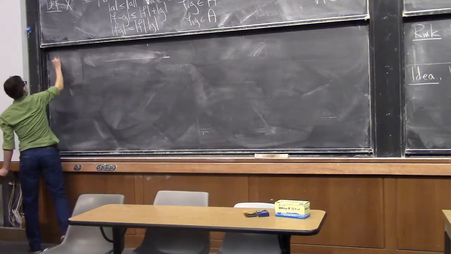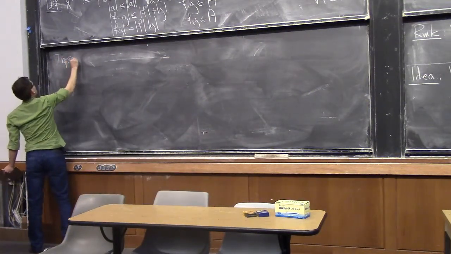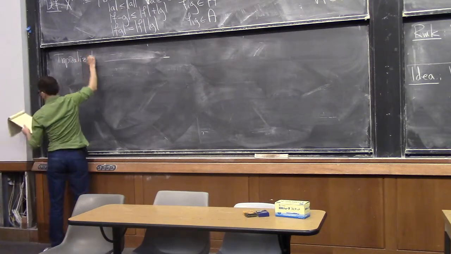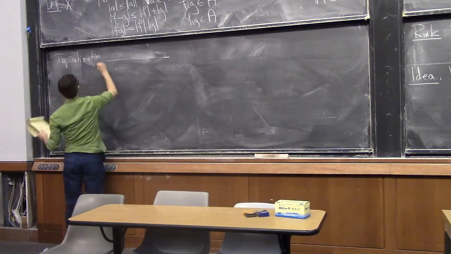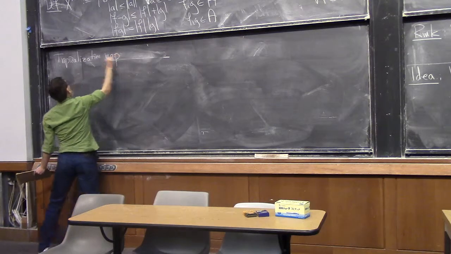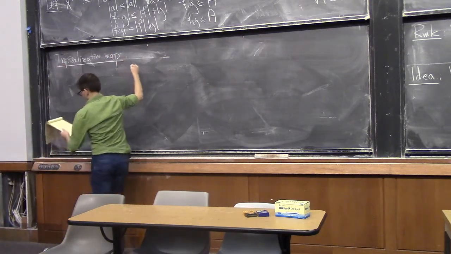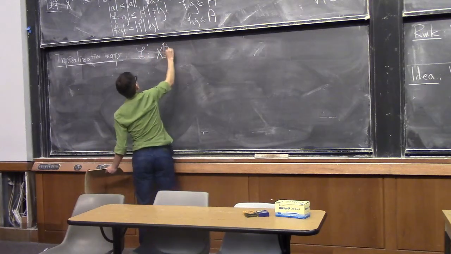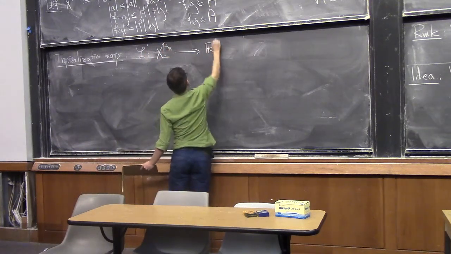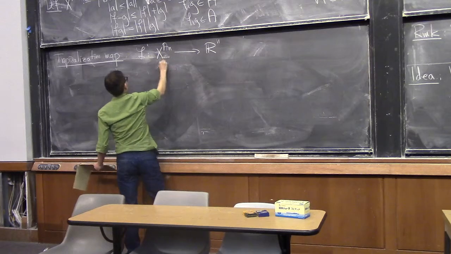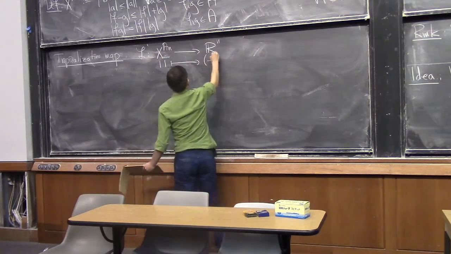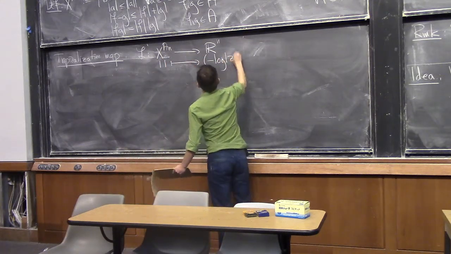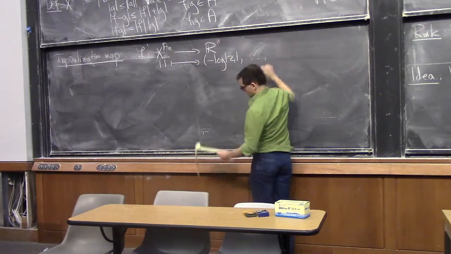And you also have a tropicalization map. In this general setting, this is from X^an to R^n, and it just takes a seminorm. It's the same thing, except that now I pick the coordinates here.